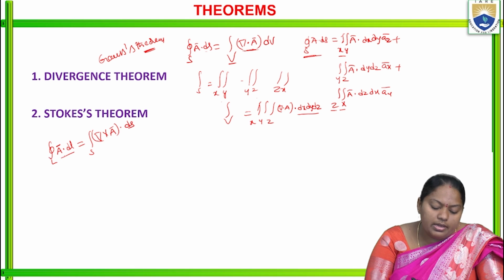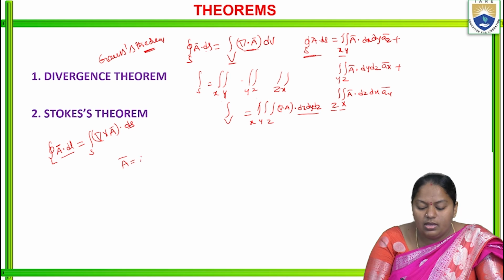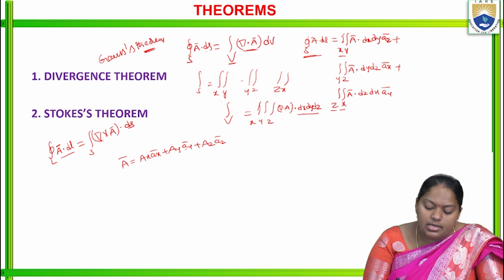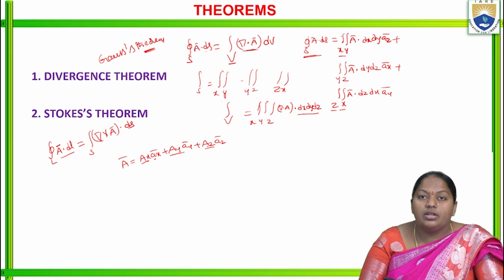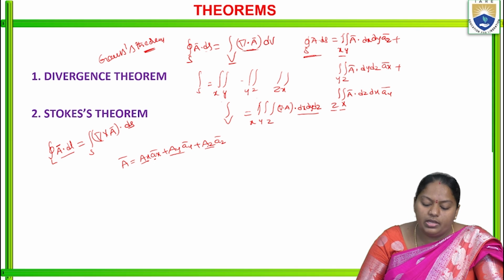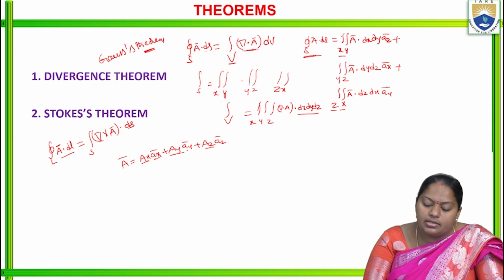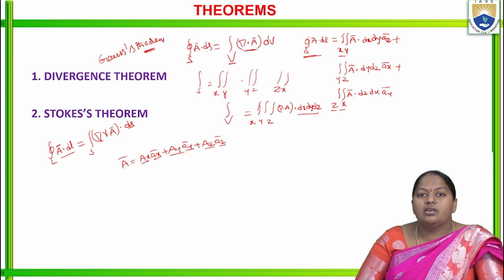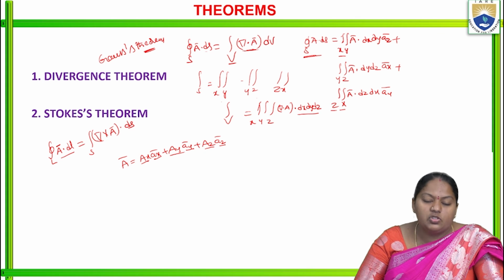Vector A, as we know in the Cartesian coordinate system, can be written as Ax ax plus Ay ay plus Az az. Here Ax, Ay, Az are the three magnitudes or components of the vector A, and ax, ay, az are the unit vectors in the x, y, z directions.